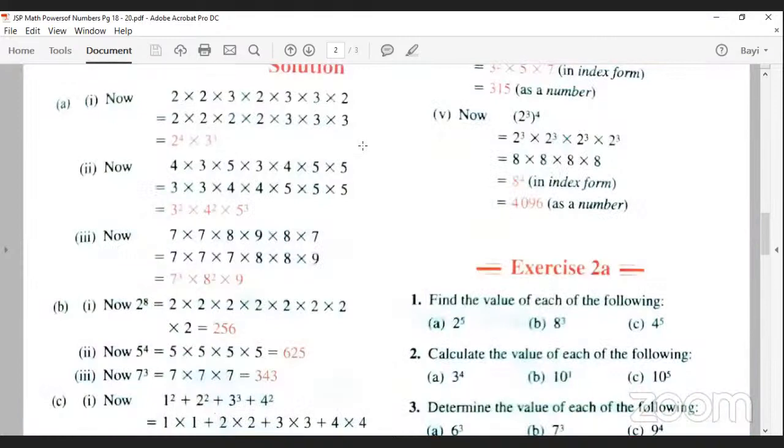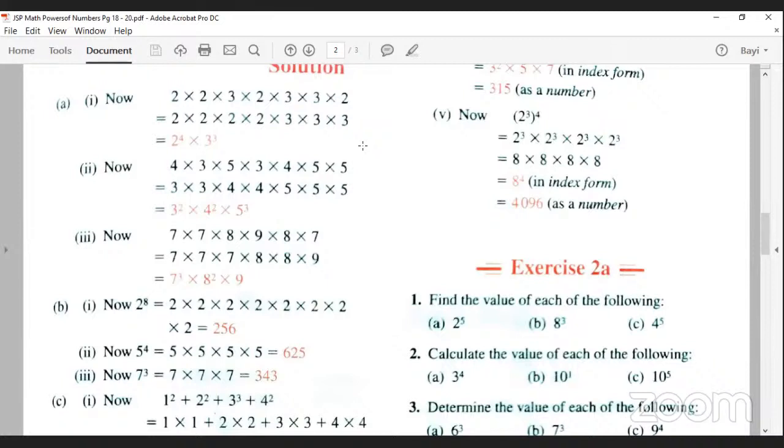Yes, sir. Right. Good. Now, what I was saying to you, any number, once you see a number by itself, whether a million, whether 1, whether 10, whether 2, once it doesn't have a power beside it, the assumption is that it has a power of 1.